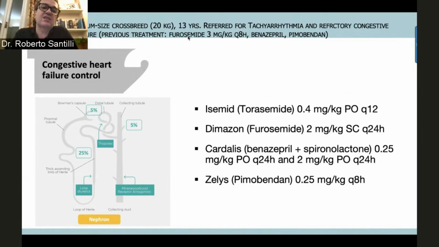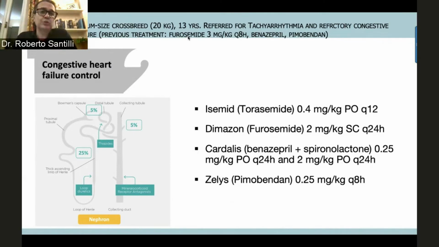Remember that in class C, usually we use a very low dose, once a day, 0.12, 0.13 mg per kg on average. But then when it goes into class D, we really need to use, most of the time, twice a day.